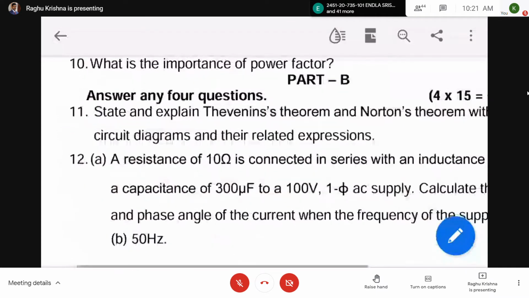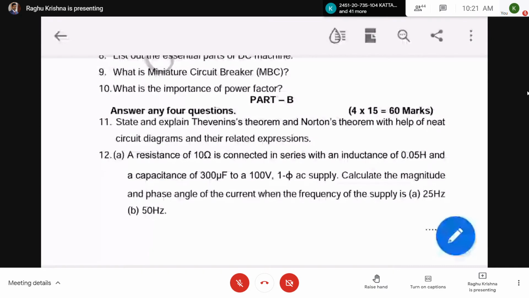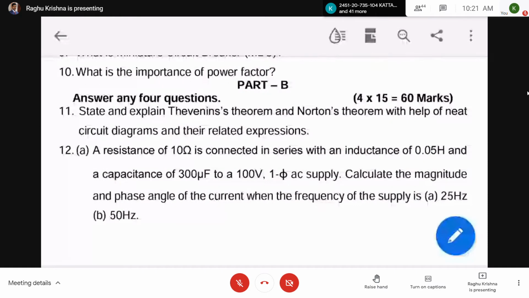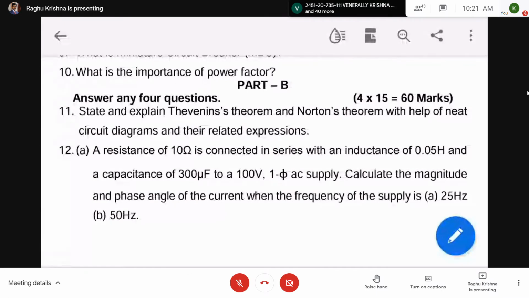Next, see the 11th one. State and explain Thevenin's theorem and Norton's theorem with the help of neat circuit diagrams and their related expressions.